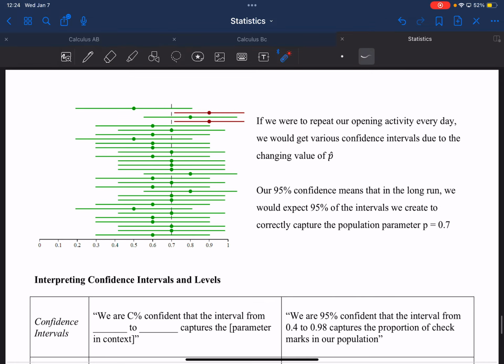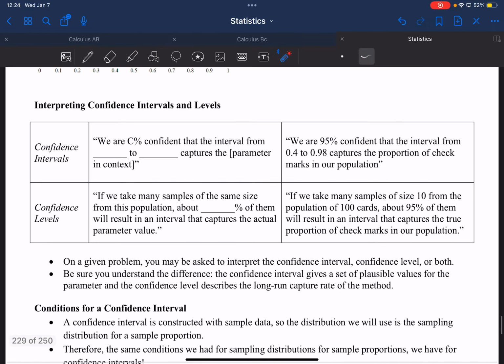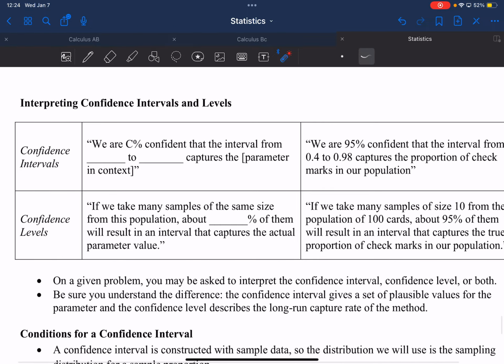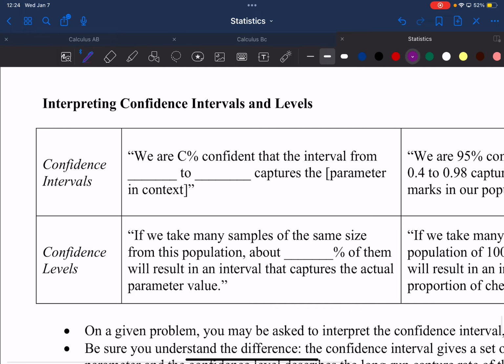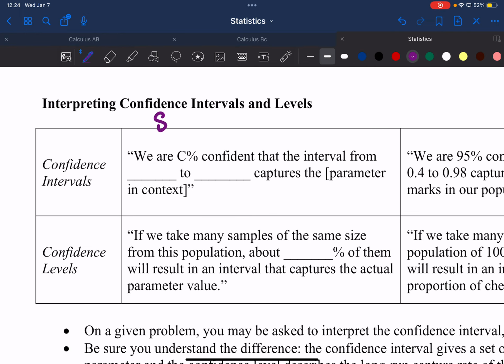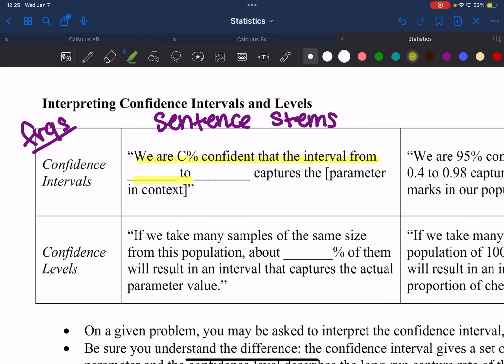The next part says interpreting confidence interval and levels. All I want you to write here is that these are sentence stems. So you will use these for FRQs. I would just look over these sentences later on your own and understand which sentence is going to be used for a confidence interval versus a confidence level.